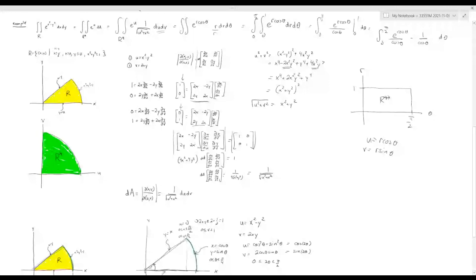So now we have to integrate that with respect to theta. And I don't know if I know how to do that. So I should have thought this through a little better. I should have thought of a better function.